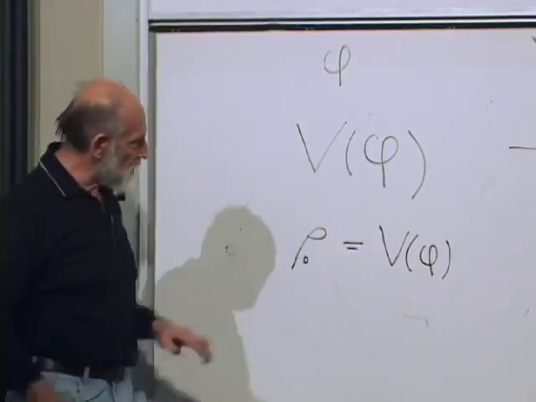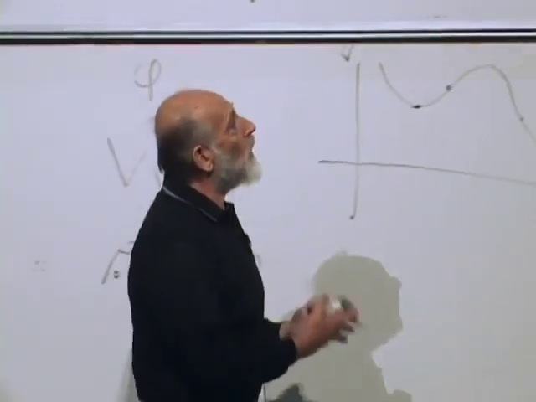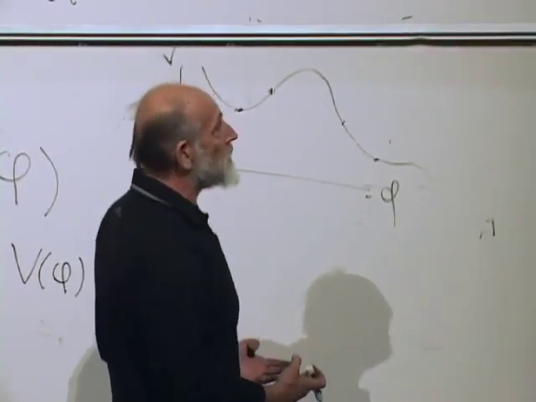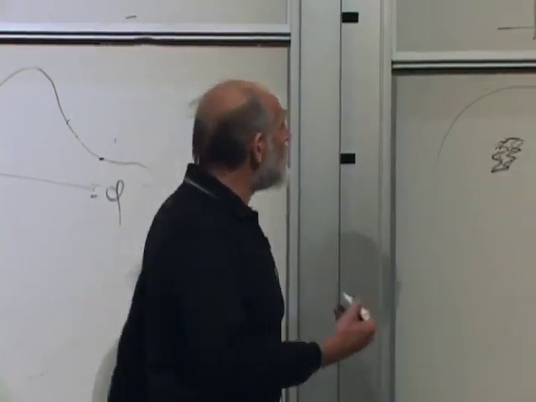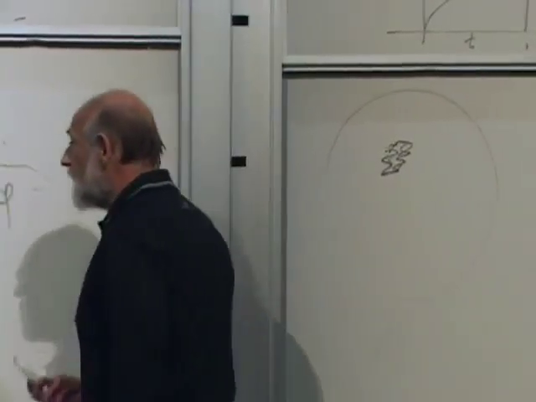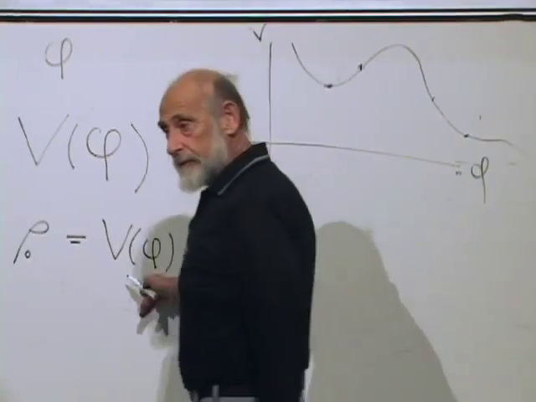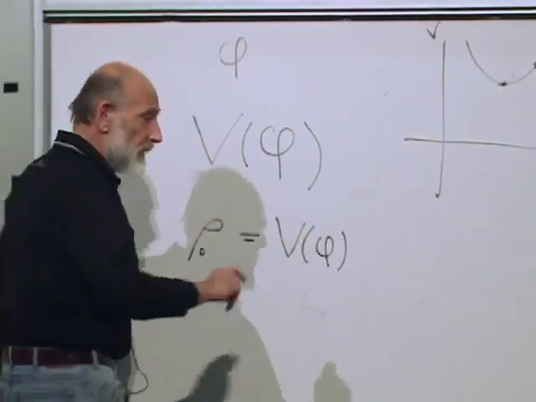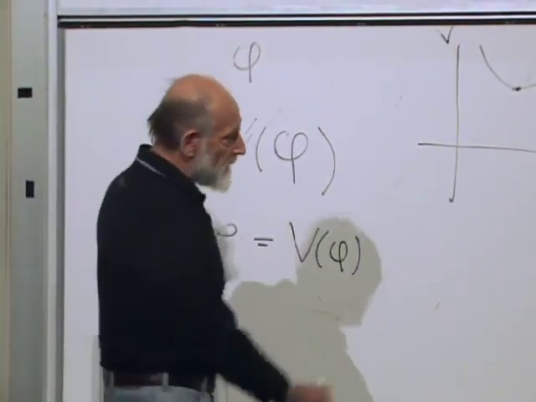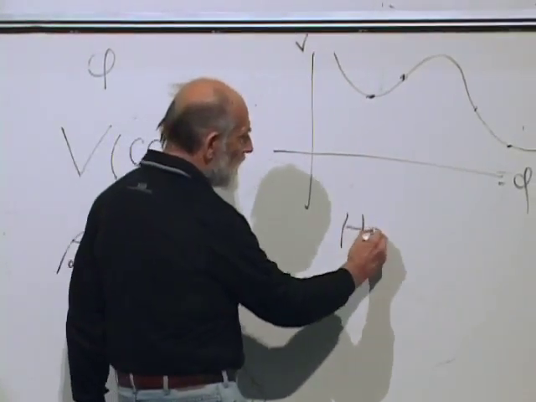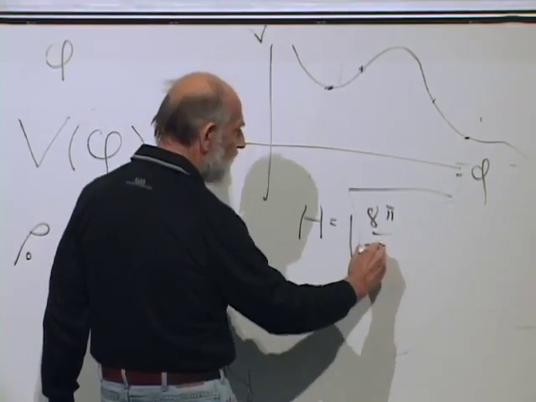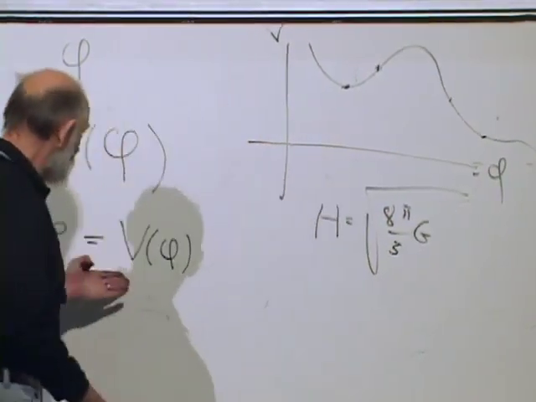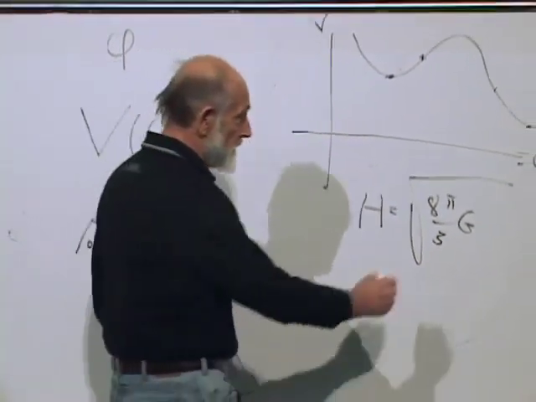And then we would go back to all the equations for de Sitter space, or all the equations for the expansion of the universe, and every place we saw rho naught, we would stick V of phi. In particular, the universe would expand with a Hubble constant equal to the square root of 8 pi over 3 G, and instead of rho naught, I would write V of phi.